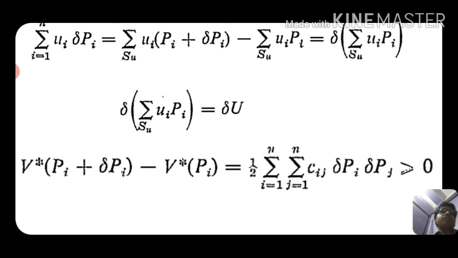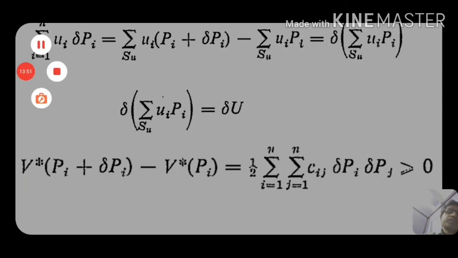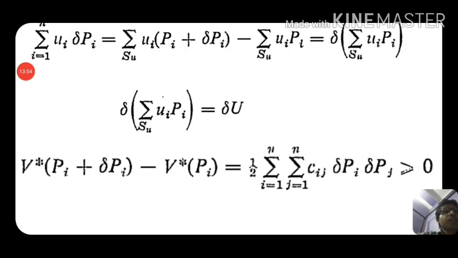It remains to show that V star of Pi actually is a minimum for the actual solution. This is easily done by computing the difference. V star of Pi plus delta Pi minus V star of Pi equals half the summation over i equal to 1 to n, j equal to 1 to n, of Cij delta Pi delta Pj, greater than or equal to 0.